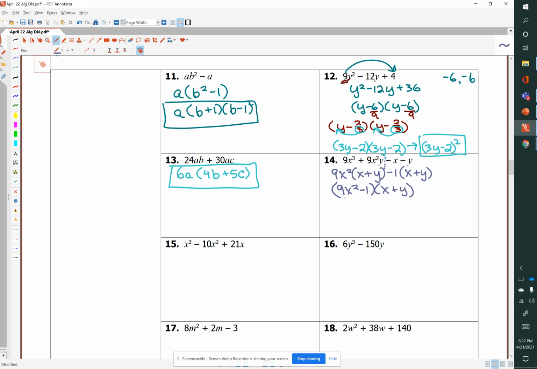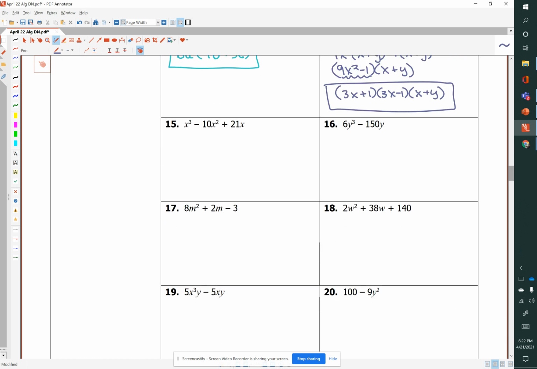And our work is not done because 9x squared minus 1 is a difference of squares. So we can represent that as 3x plus 1, 3x minus 1, and then we have our x plus y. And then our work is done.